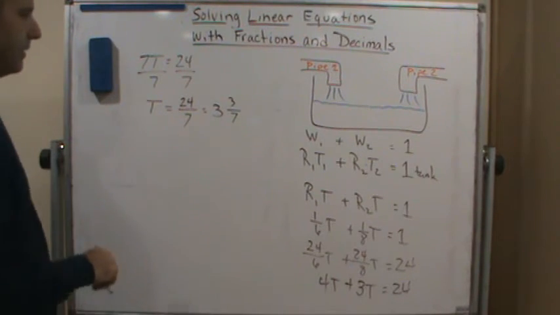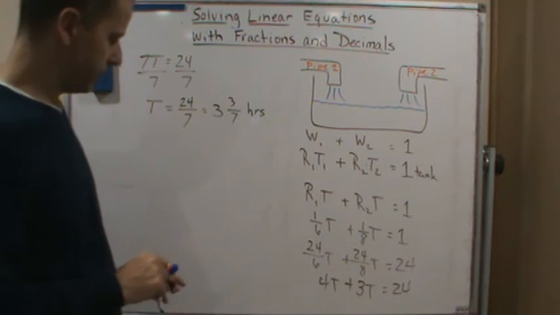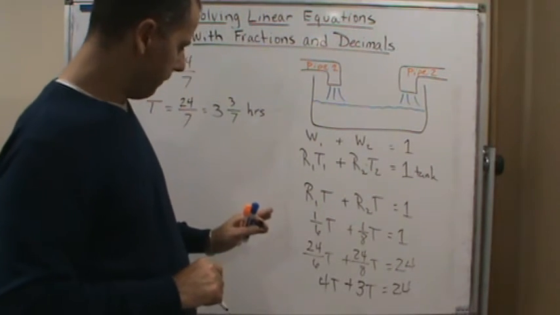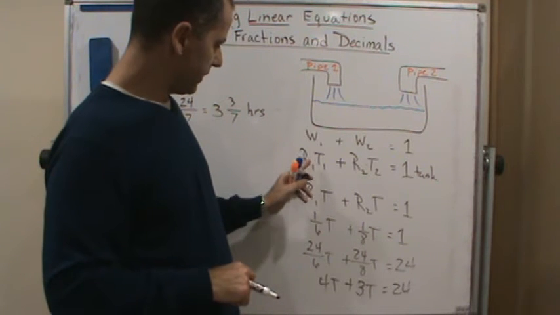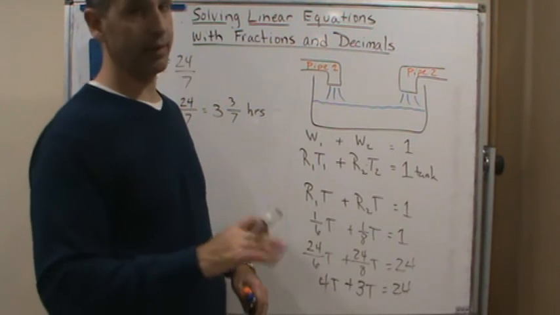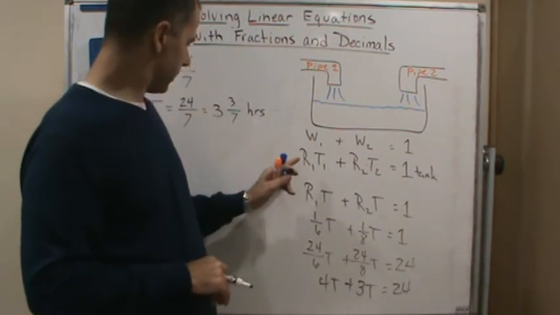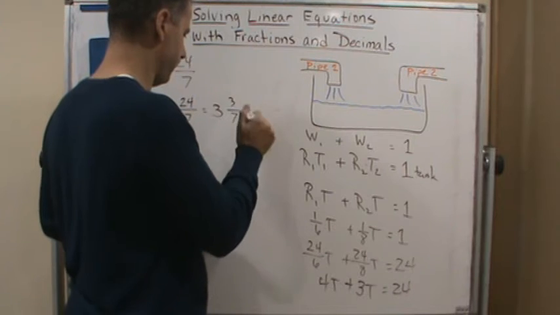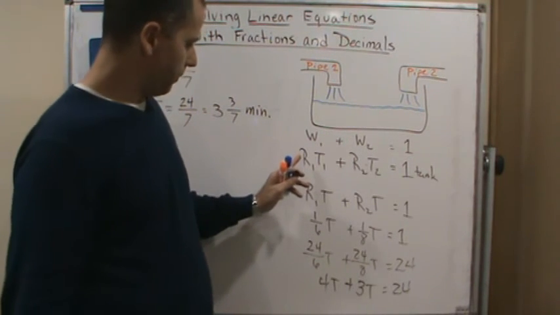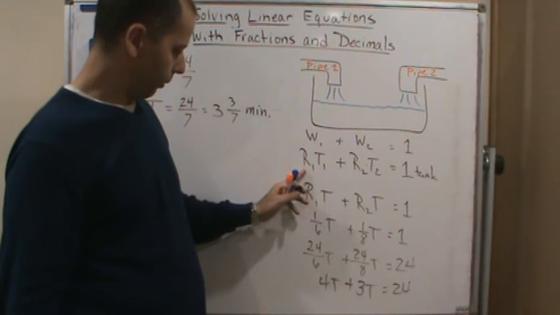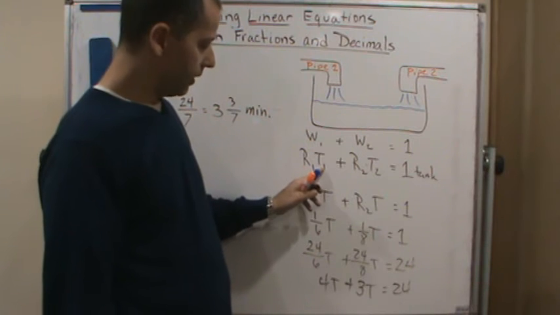And what's this? This is in minutes. How do we know the units? Look at your unit analysis. We've got rate, which is the amount of the tank per minute, times minutes.